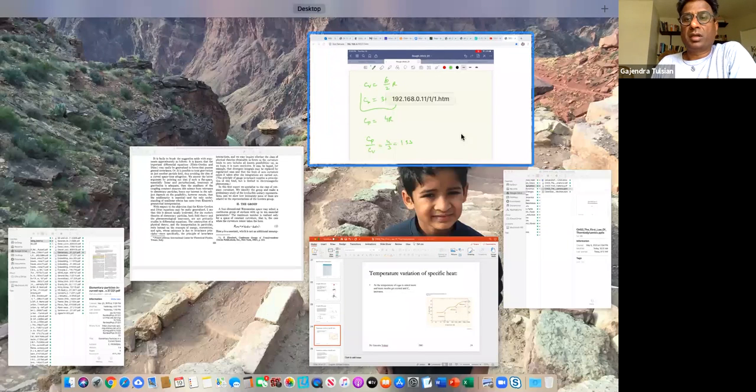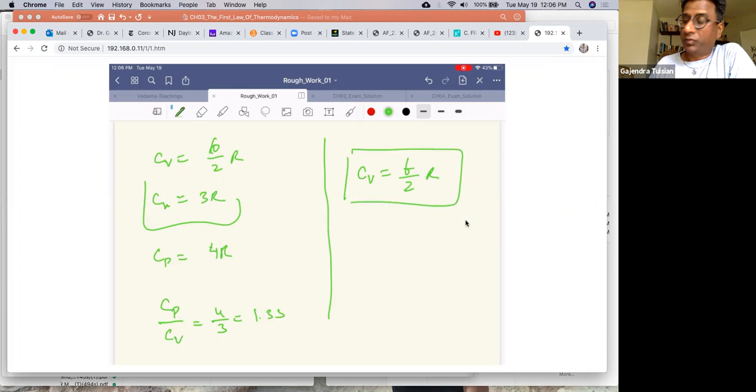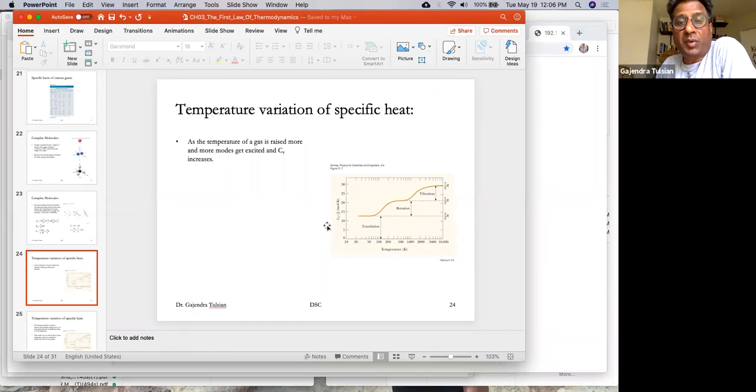Again, CV was F/2 R, where F is the degrees of freedom, and we're doing this for a hydrogen molecule, which is a diatomic molecule. So here is the graph. We've seen this graph before, CV as a function of temperature. So you take hydrogen gas, and if you're below 100 degrees Kelvin, CV is 3/2 R, meaning it only has translational degrees of freedom.